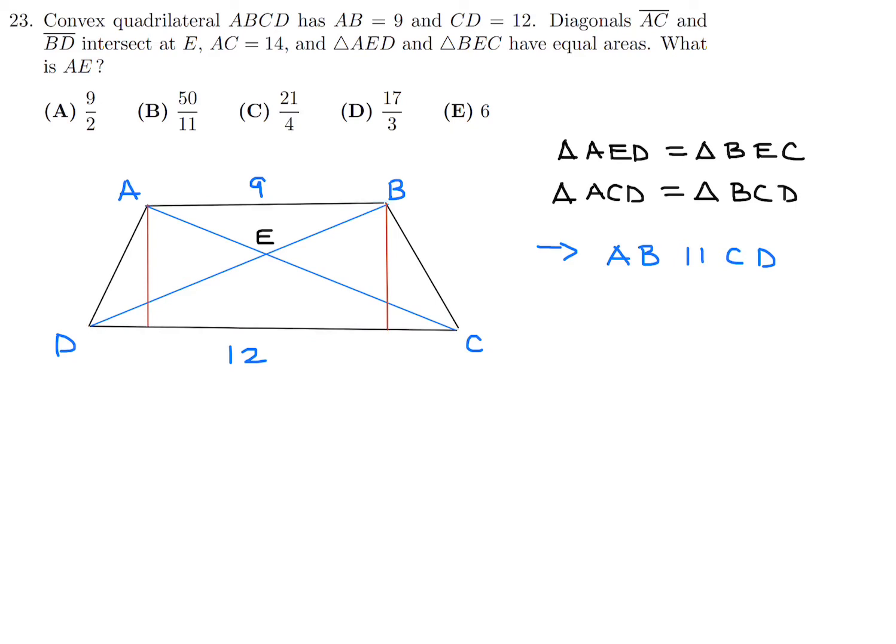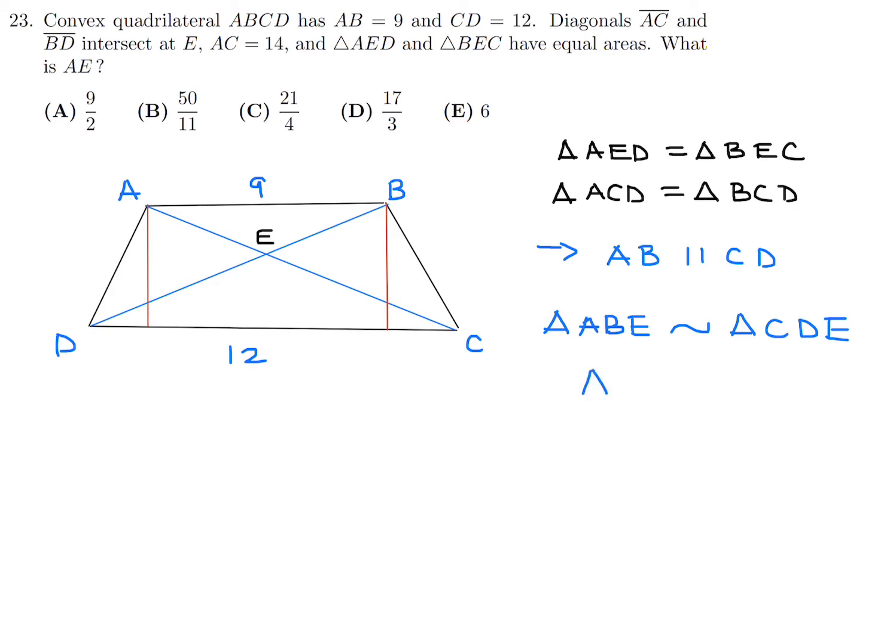And if that is true, which it is, then that means that triangle ABE, this triangle, is similar to triangle CDE, this triangle. So triangle ABE is similar to triangle CDE. And we can then use the ratio of the sides to get some relationships.